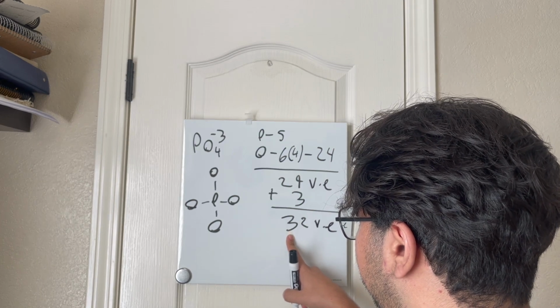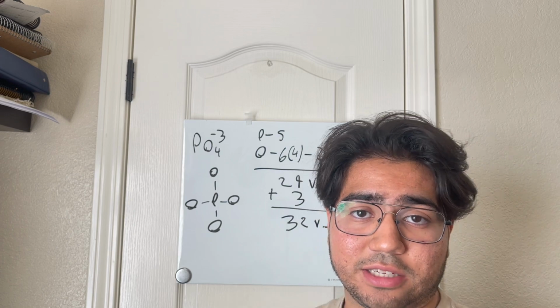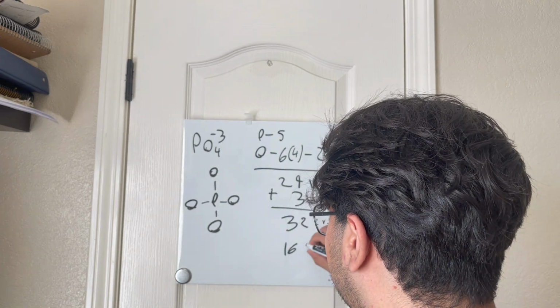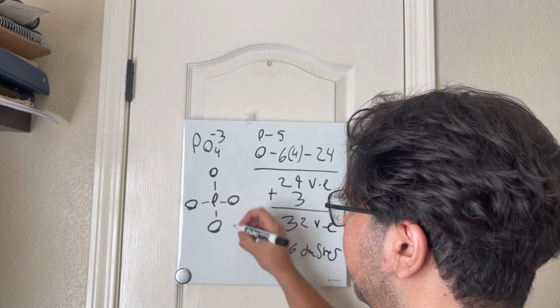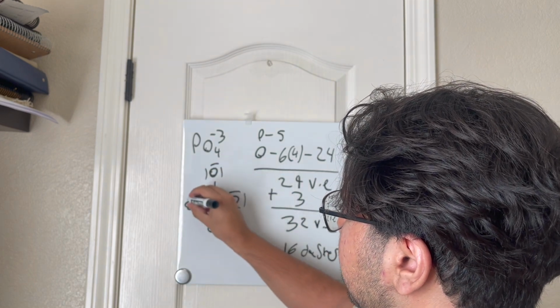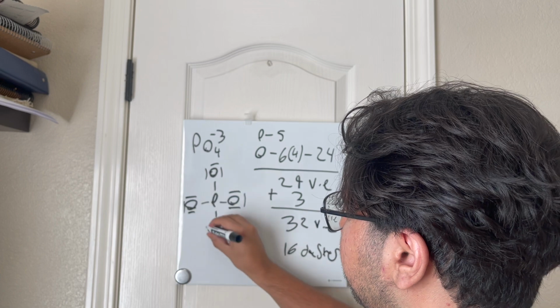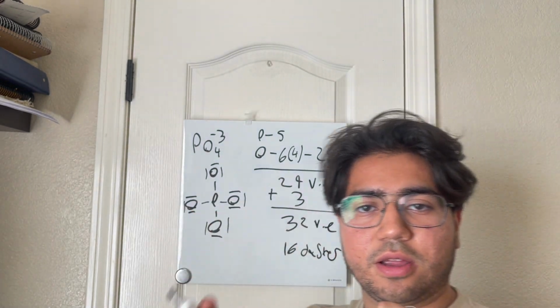We have 32 valence electrons, or 16 dashes, because 16 times 2 is 32. 3, 4, 5, 6, 7, 8, 9, 10, 11, 12, 13, 14, 15, 16. Remember, outside in.